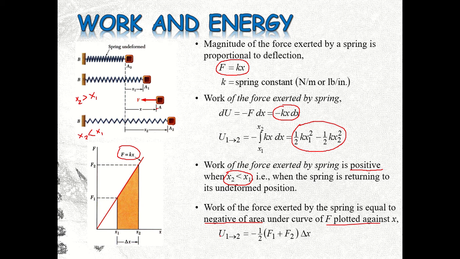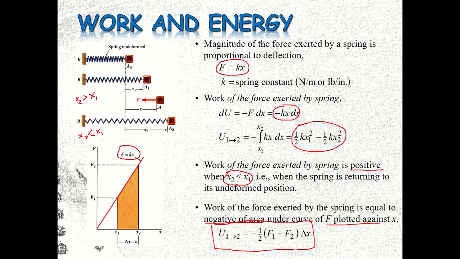So the work of force exerted by spring is given by U. Your U here represents the work from this position to that position, from 1 to 2, from F1 to F2, with this displacement from x1 to x2, and is equal to minus 1/2 of F1 plus F2 multiplied by delta x. Okay, so remember this, no? This is a very important formula class for a problem that involves spring.